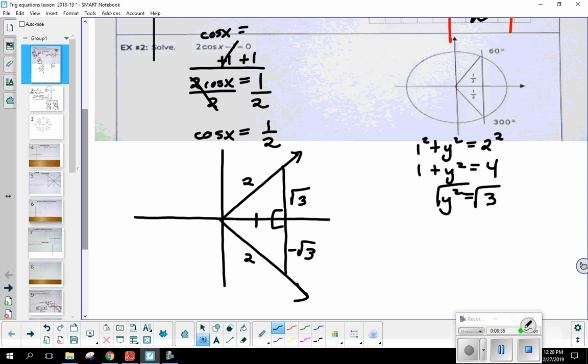What side is directly across from it? Is it the shortest leg or the longer leg? Well, let's see, my two legs, I've got 1 and square root of 3. Which one's bigger? Square root of 3. So if you're across from the longer leg, that's got to be 60. So that's 60.